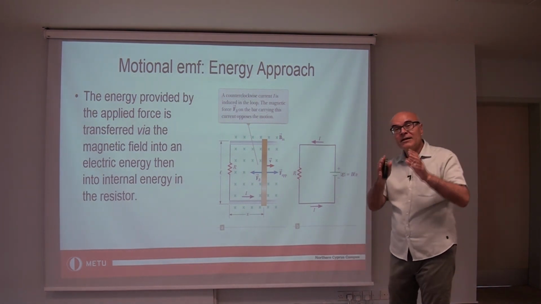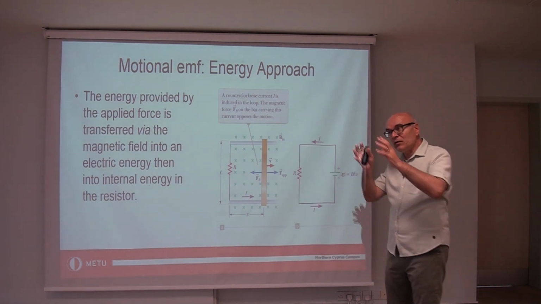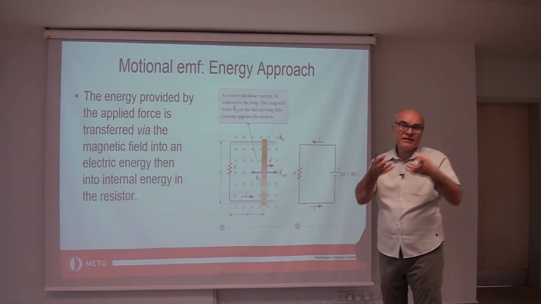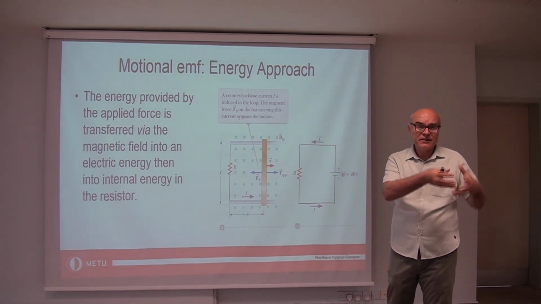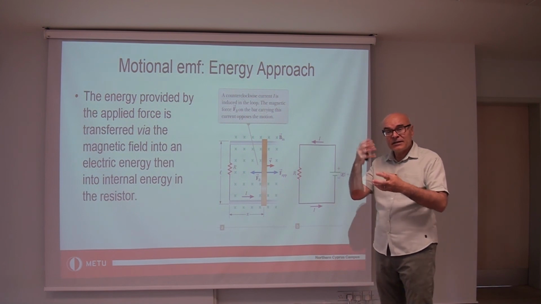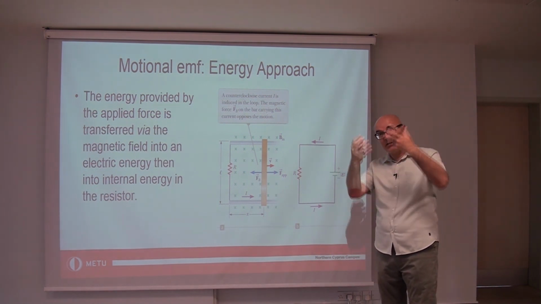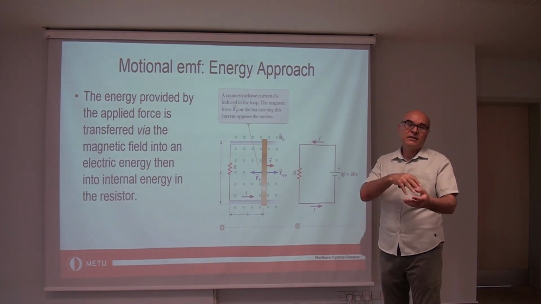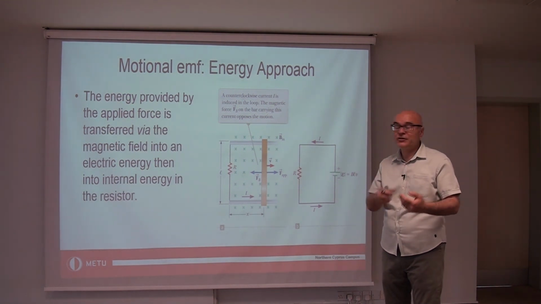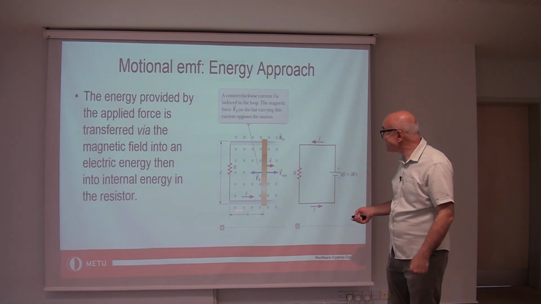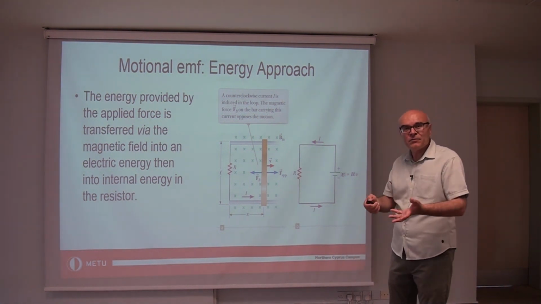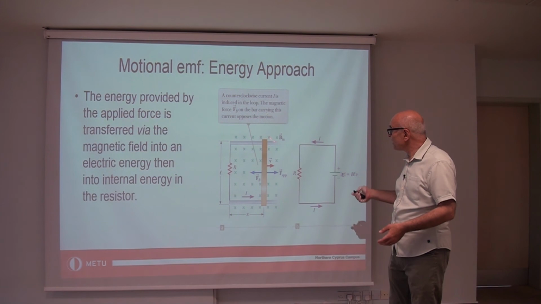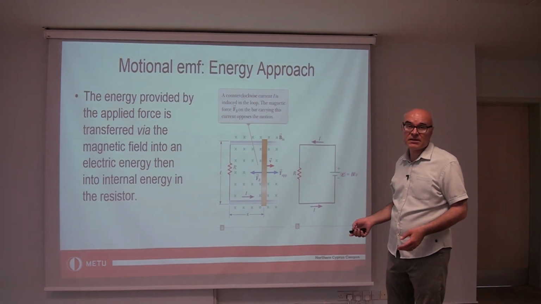But the original process in which we generate the electrical energy is the transfer of mechanical energy, in this case of the waterfall, into electrical energy, in the presence of a magnetic field. It is a bit more complicated setup, but the principle is this.